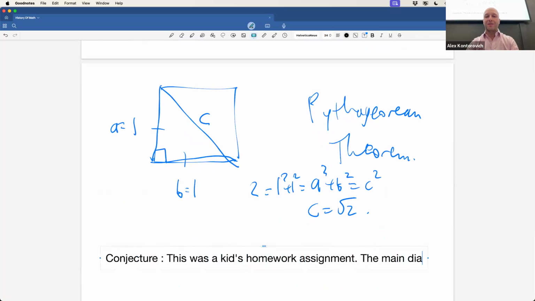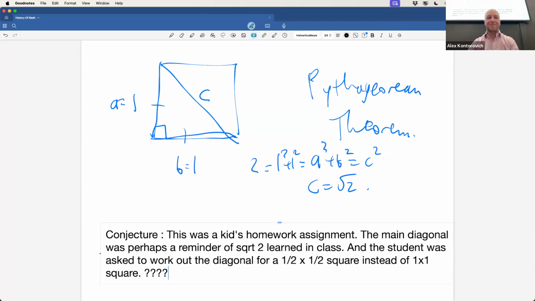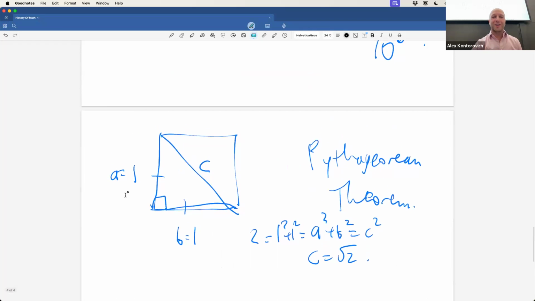The main diagonal was perhaps a reminder of the root 2 learned in class, and the student was asked to work out the diagonal for a 1/2 by 1/2 square instead of 1 by 1 square. Maybe. Okay. So that's possibly what was going on here.